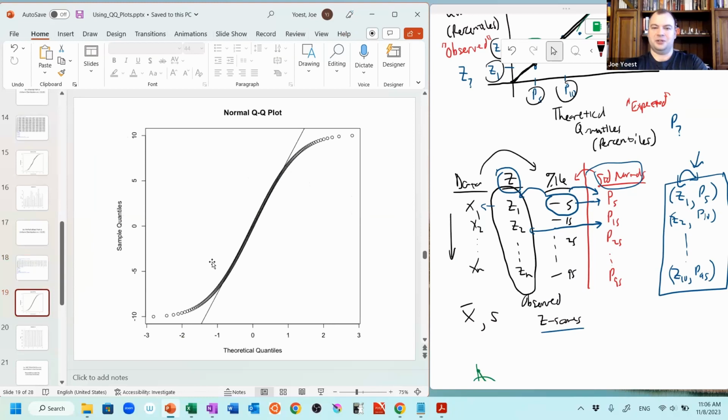I actually just think the picture looks kind of cool. Again, we still see very nice adherence between about -1 and +1 on the theoretical quantiles, but we see that same kind of systematic and substantial deviation on the top right and bottom left, so not from a normal distribution.